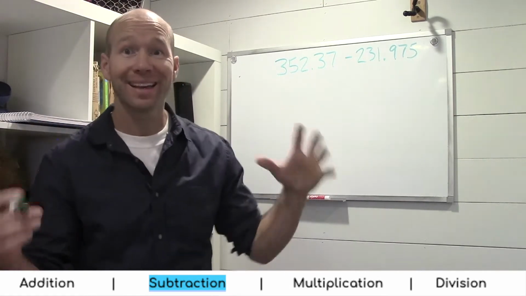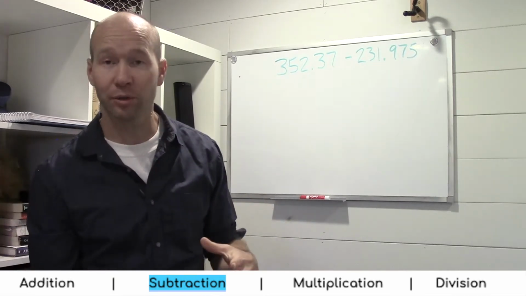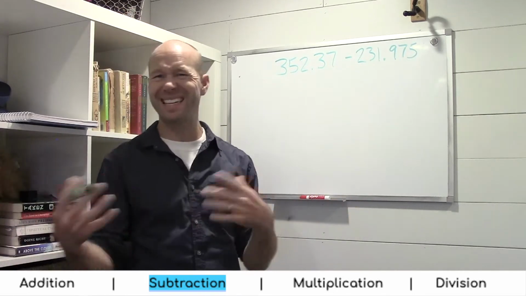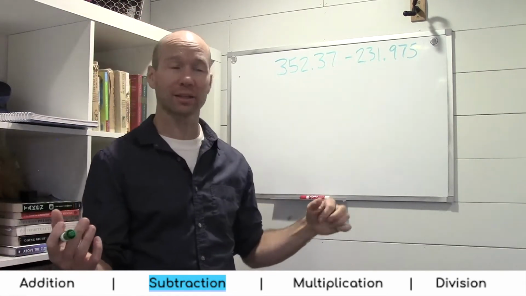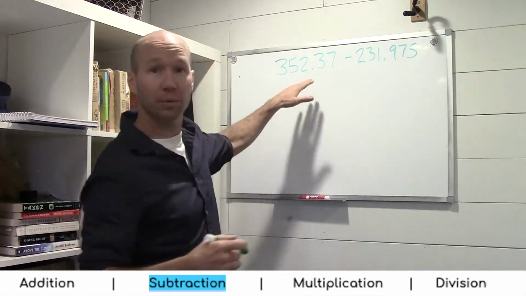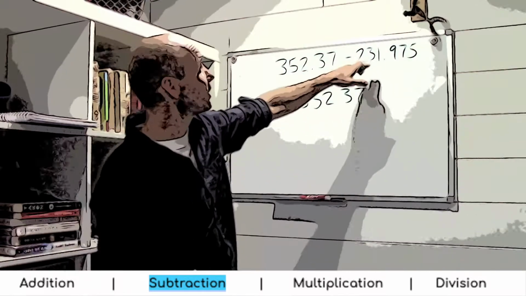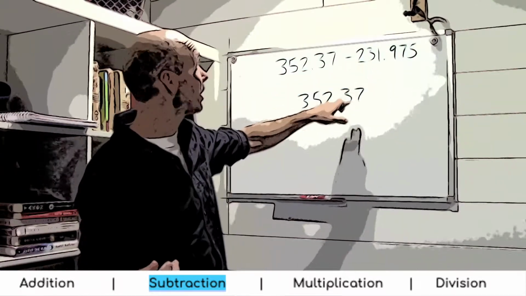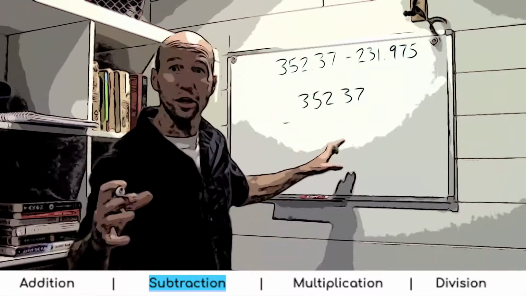But when I subtract, it makes a complete difference, right? 4 minus 2 would be 2, but 2 minus 4 would be negative 2. So a completely different answer when I subtract. So I need to make sure that I do things in the right order. I'm going to put the first number on top and the second number on the bottom, but I'm going to be very careful to line up those decimals, line up those place values.